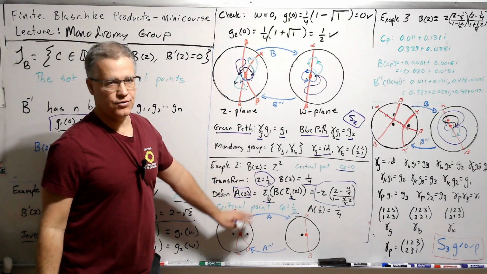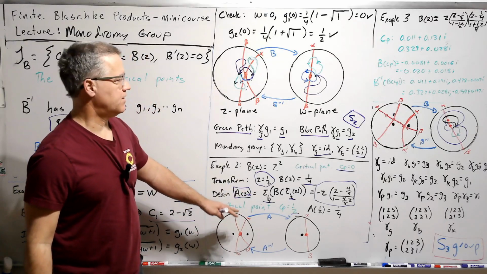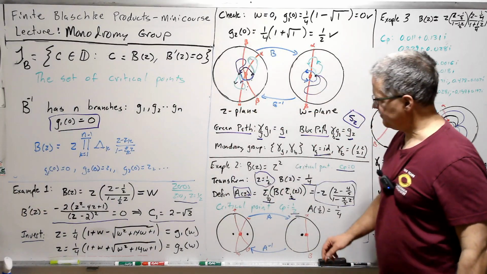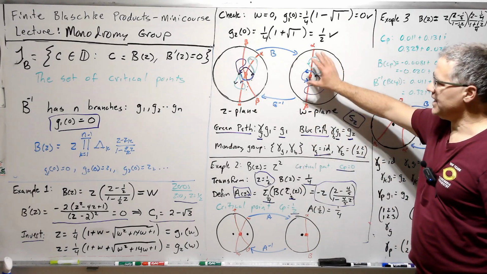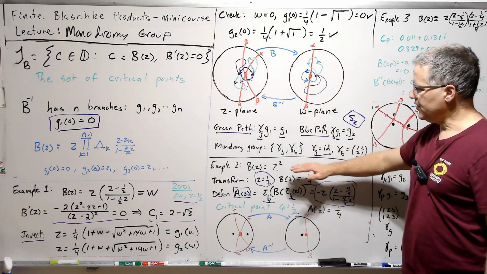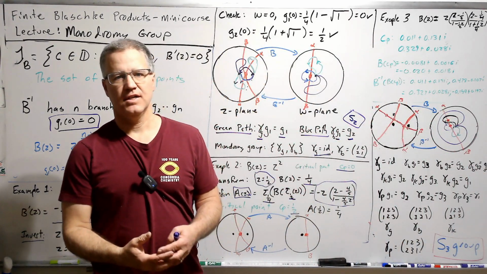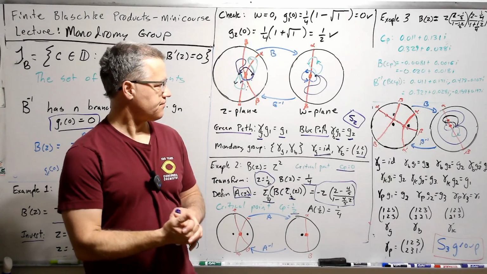So I won't go through the monodromy group on this. Instead, we'll just see that we've made it into this form now. So you do have to do a little bit of pre-work if you've got a second order zero sitting there.